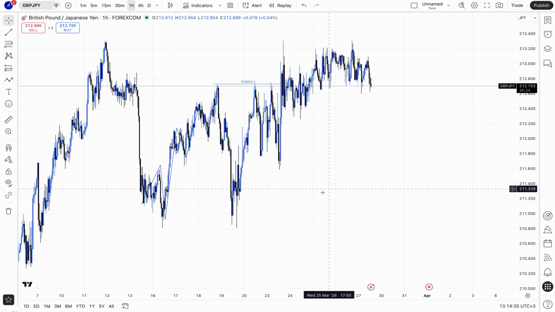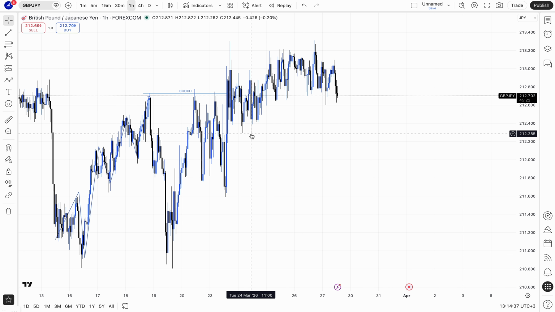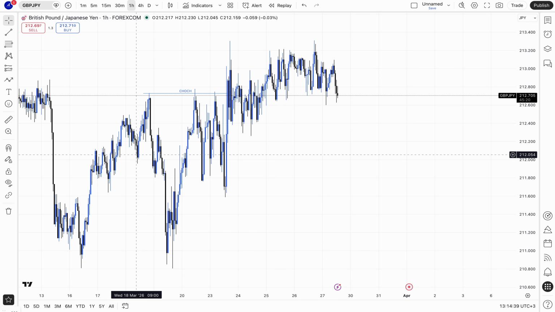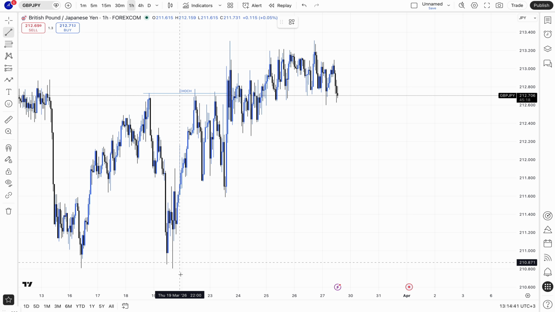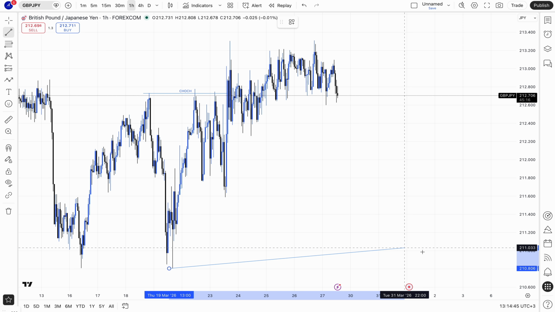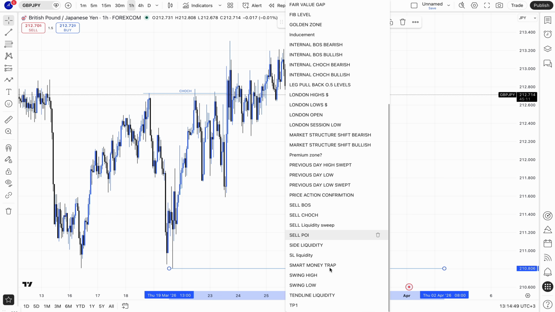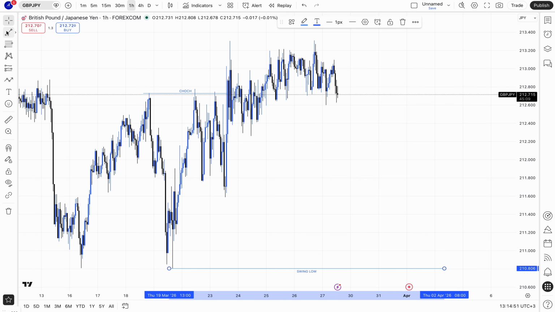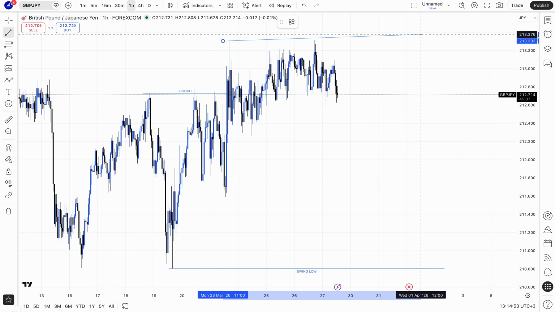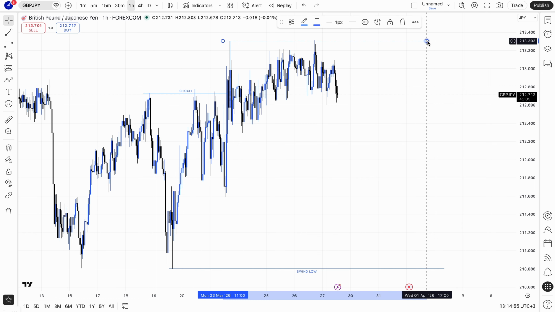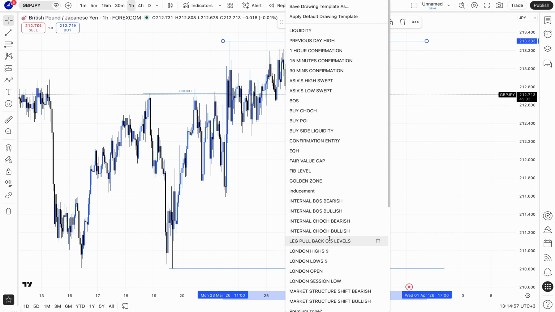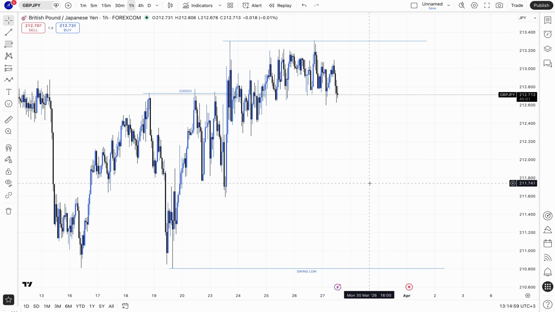We are now waiting patiently because we have our swing low just here, and we have our protected high, which is the swing high just up here. Although we had a little bit of liquidation from there, it is still our swing high.